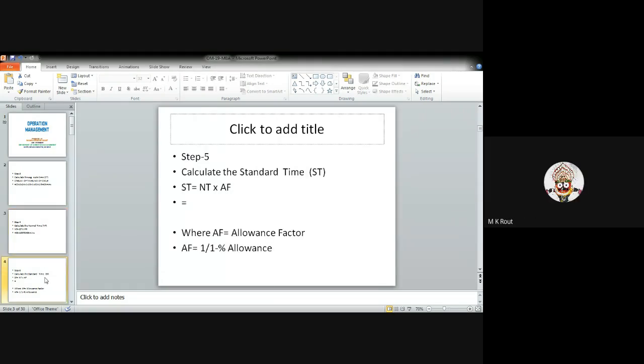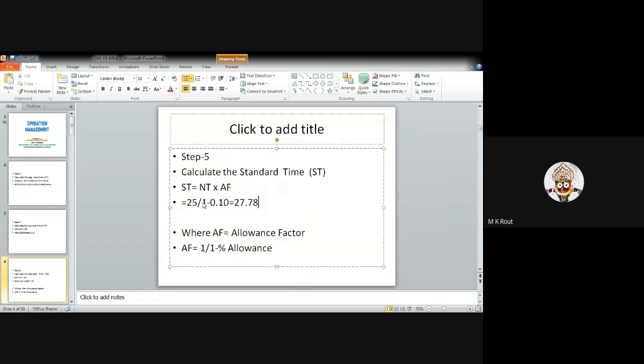In case of calculating the standard time for the experienced engineer, we write 25 minutes divided by how much? 1 minus allowances, given as 10%, that is 0.10. That equals how much? 27.78 minutes. Is it clear?